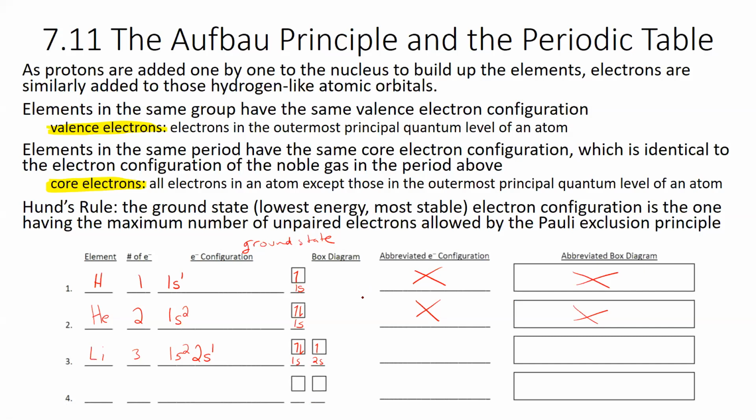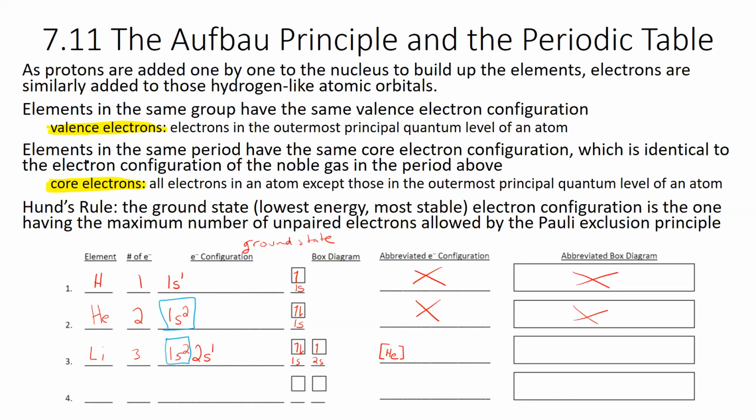Now, this is where we can actually do the abbreviated electron configuration. In the abbreviated electron configuration, we represent the core electrons by the noble gas written in brackets. The noble gas is the noble gas of the row above, so that would be helium for lithium. You'll notice that the electron configuration of helium, circled in blue there, is the same as the core electron configuration.